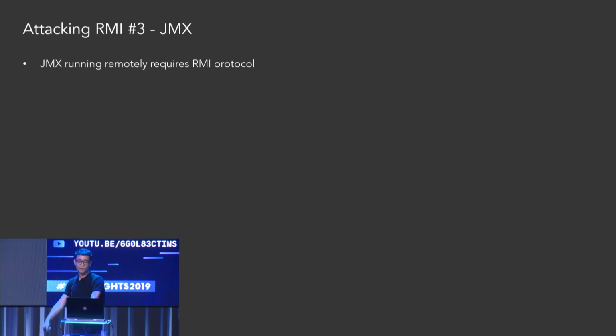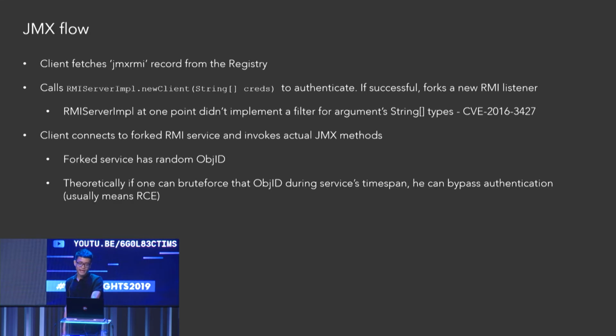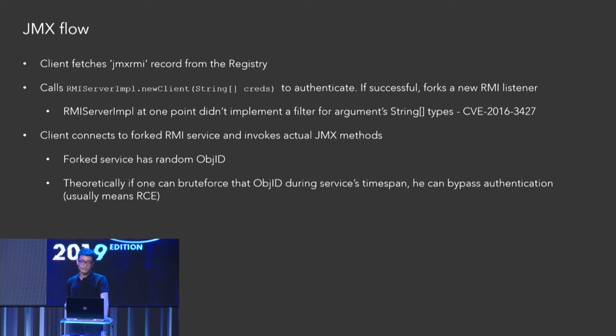So let's talk about another interesting attack scenario, JMX. JMX is the Java Management Extensions. When used remotely, it also runs over the RMI protocol. This is the flow: the client first fetches a JMX RMI record from the registry, and then it calls the newClient method to authenticate.